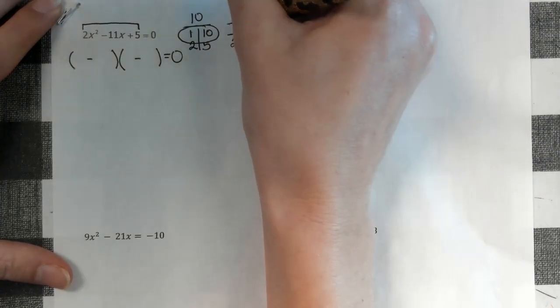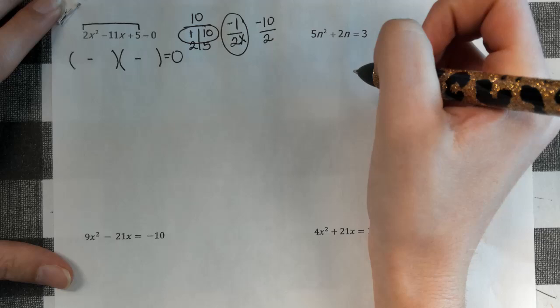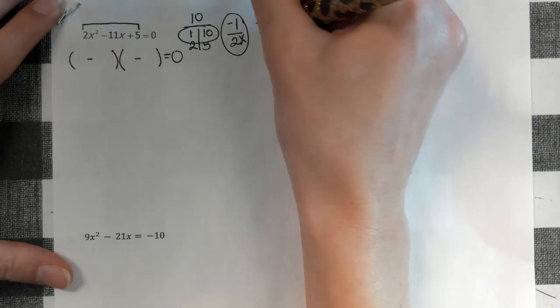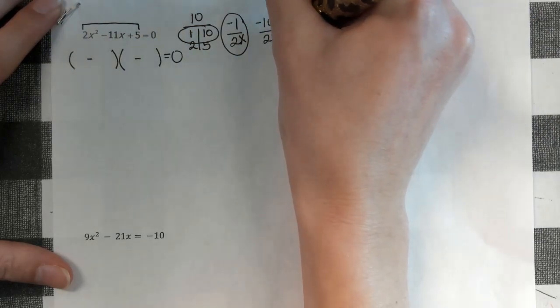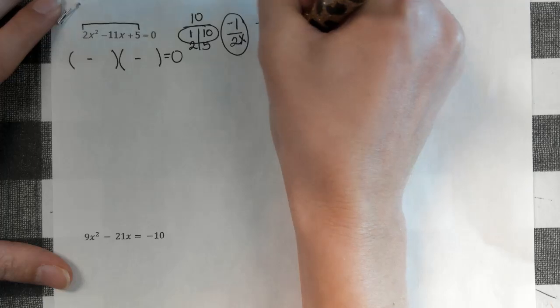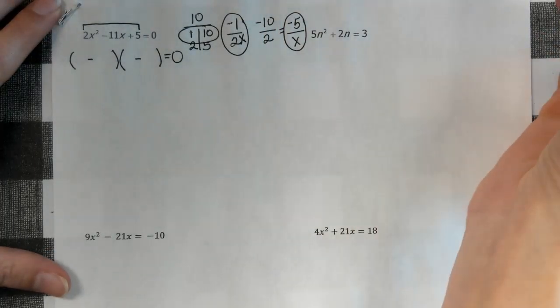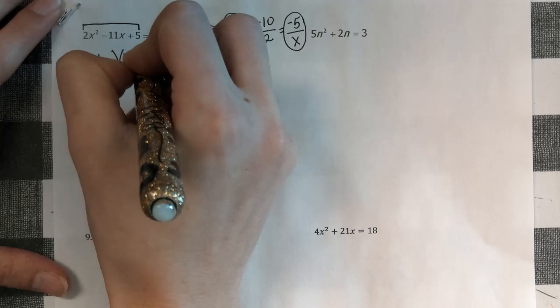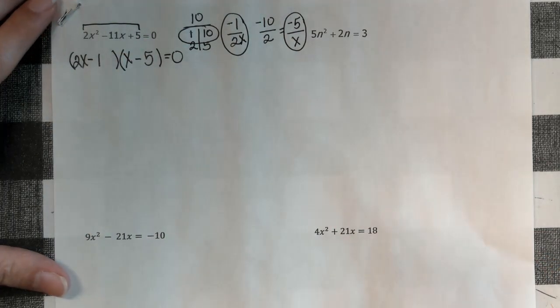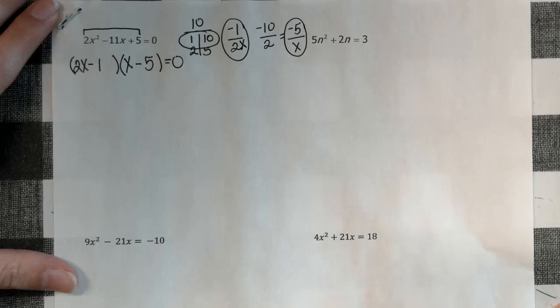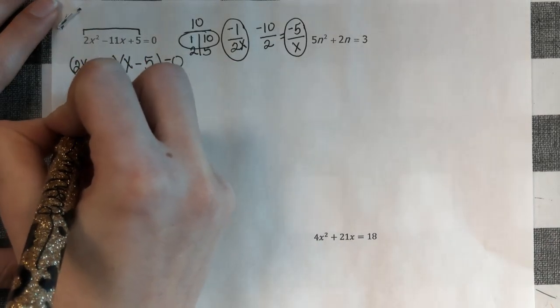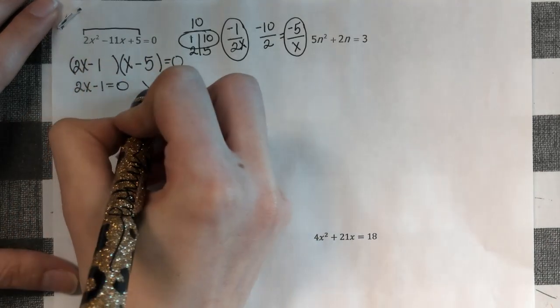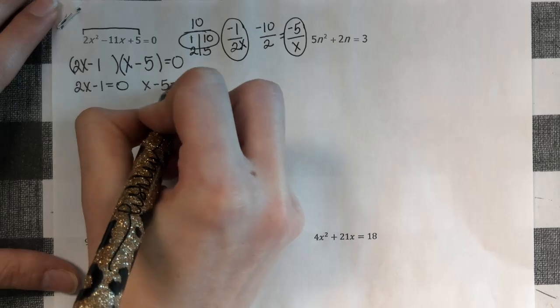Okay, negative 1/2 doesn't simplify, so the 2 takes the x. Negative 10 over 2 simplifies to negative 5. Put it over x. So I've got 2x minus 1 and x minus 5 equals 0. Okay, so I'm going to take my 2x minus 1 equal to 0, x minus 5 equal to 0.